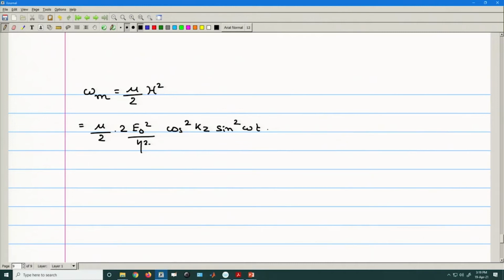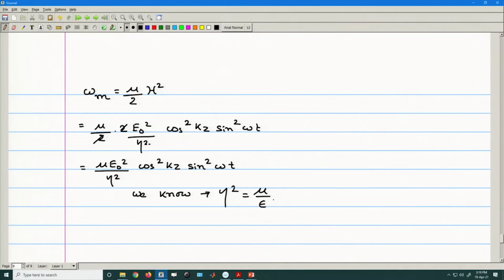So, 2 cancels out, we get mu E naught square by eta square cos square kz sin square omega t. Now, we also know that eta square is mu by epsilon.